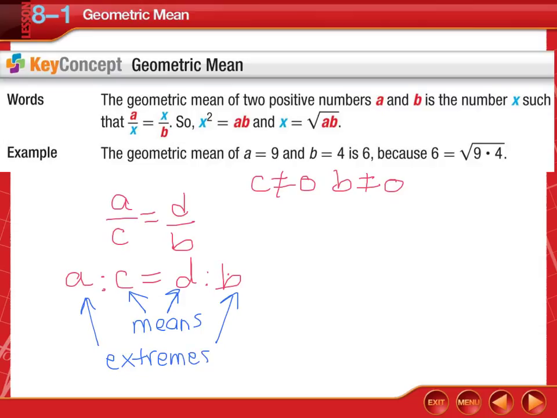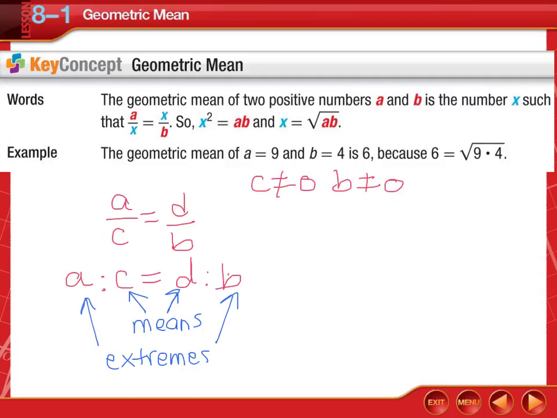So this concept of geometric mean occurs when the means, here in my example C and D, are equal. So if you look up here in our definition, I've replaced C and D with X to show that they are equal.